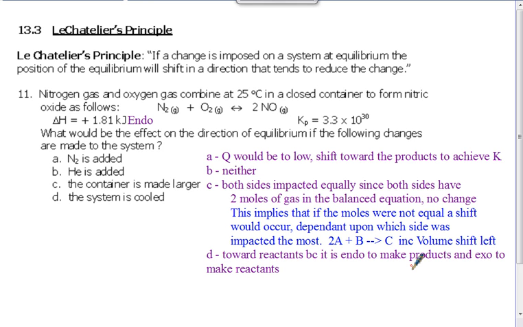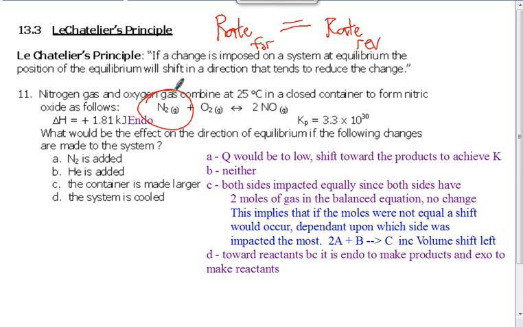Because equilibrium is about the rates, the rate forward and the rate reverse are supposed to be equal at equilibrium. Now, imagine that you have this reaction and it's equal, and then someone comes along and adds in N2. If they add in N2, are you going to have more collisions or fewer collisions between the nitrogen and the oxygen? You're going to have more collisions because there's now more nitrogen.